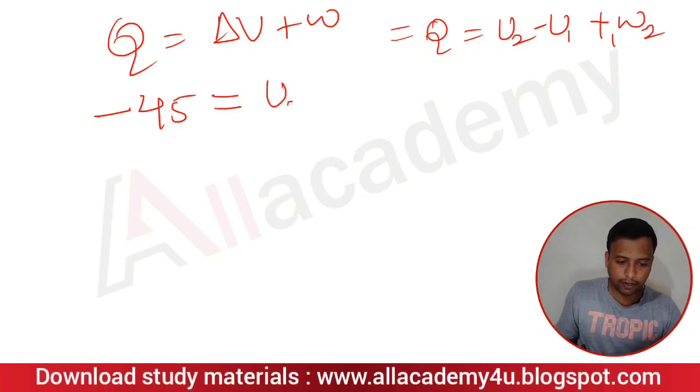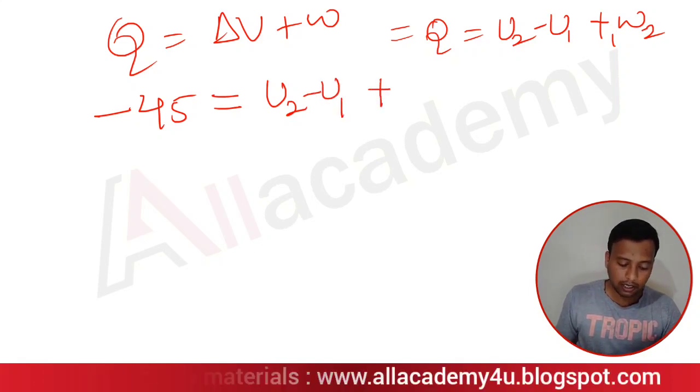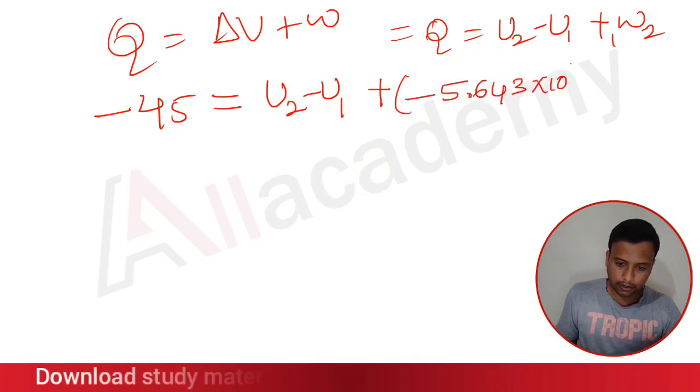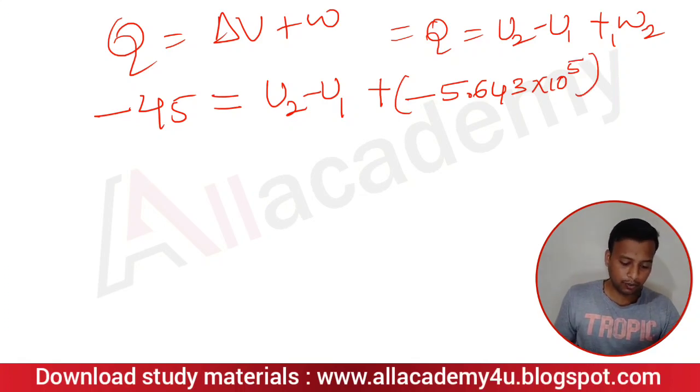Now we need to identify U2 minus U1, that is the change in internal energy, plus the work done. So work done we have identified, that is minus 5.643 into 10 raised to 5. It is 10 raised to 5 and this is 10 raised to 3. It is in kilojoules.